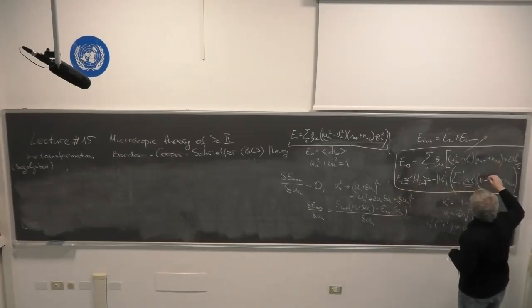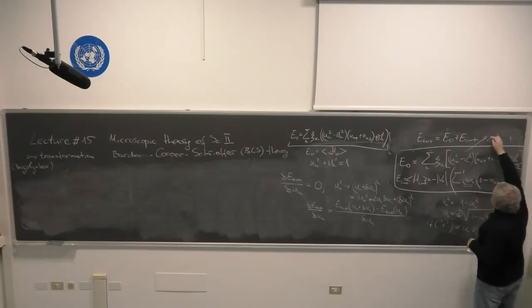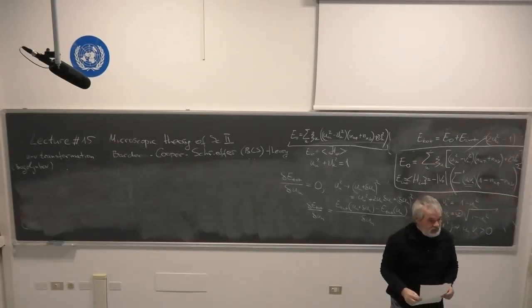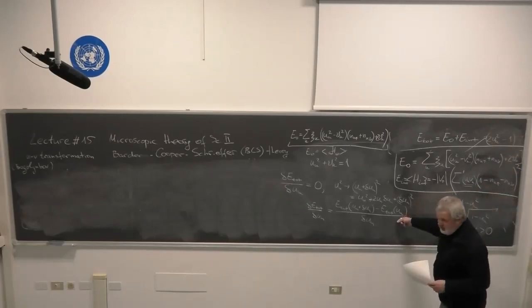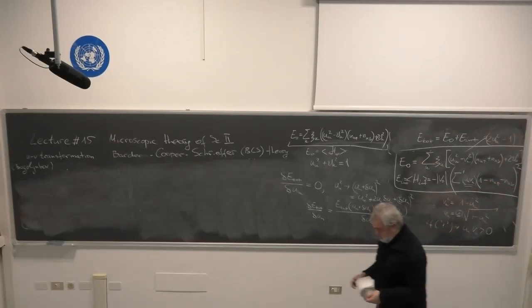Good. So here, UK squared minus VK squared is 2 times UK squared minus 1. Good. So let me take this derivative step by step. I start with epsilon naught.